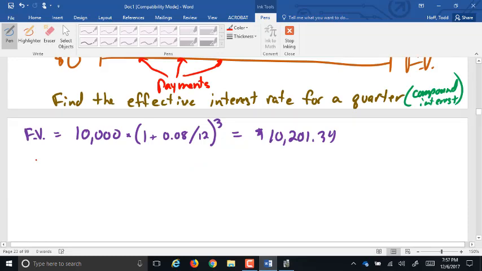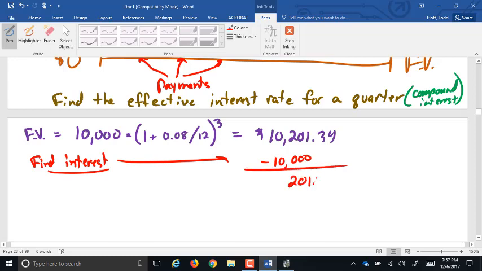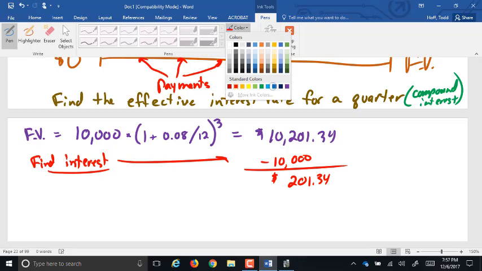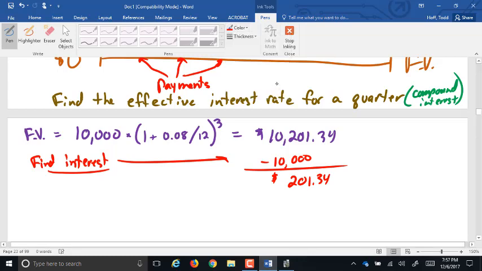What's our next step? Find the interest. Very good. And we'll do that by subtracting the principal of 10,000. So in that 3 months, that account would earn $201.34 in interest.